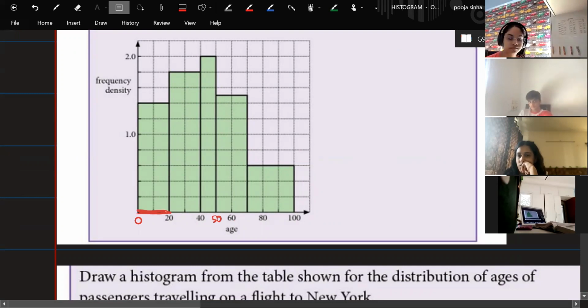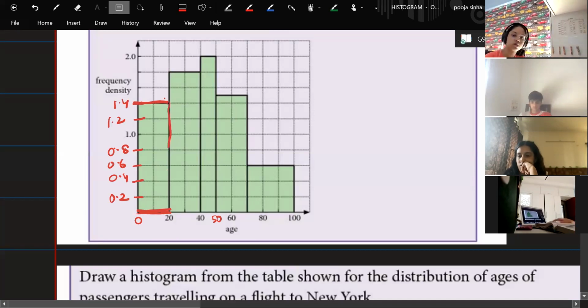You're putting the frequency density on the y-axis: 0.2, 0.4, 0.6, 0.8, then 1, 1.2, and 1.4. Isn't that the value we had as well? The class width was 0 to 20, and the frequency density was 1.4.